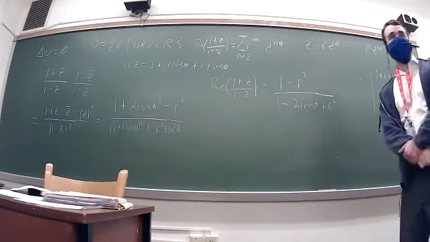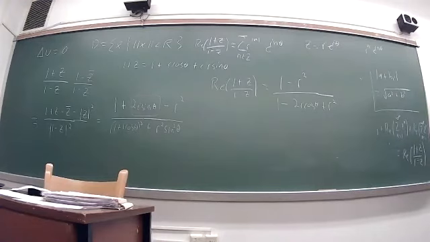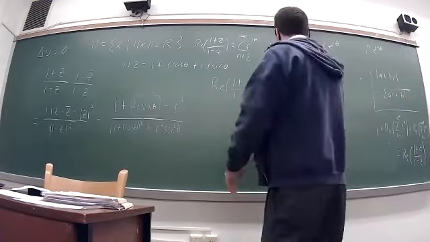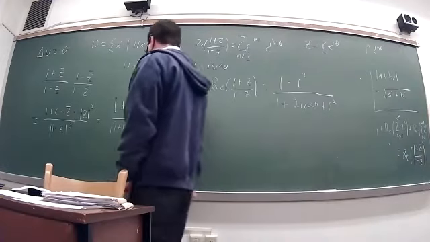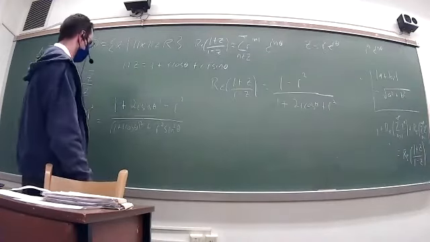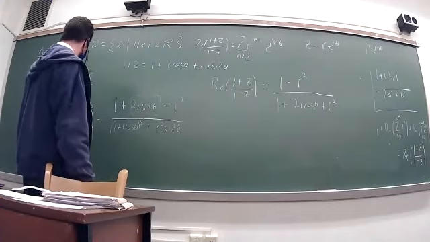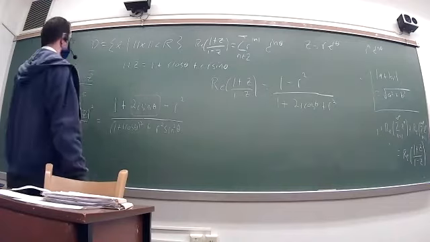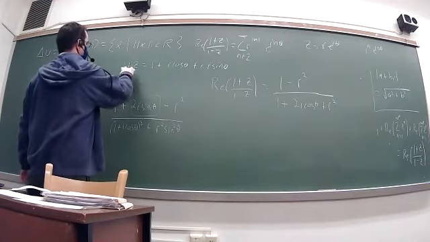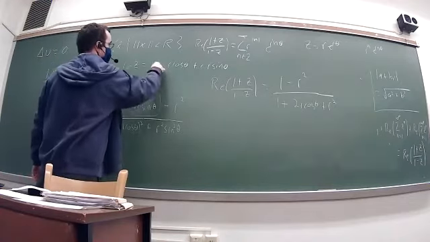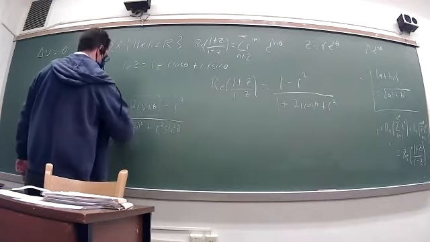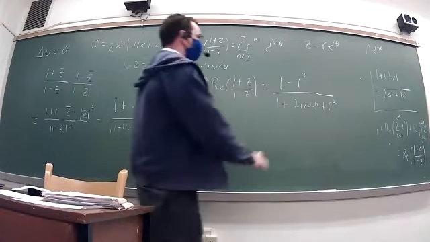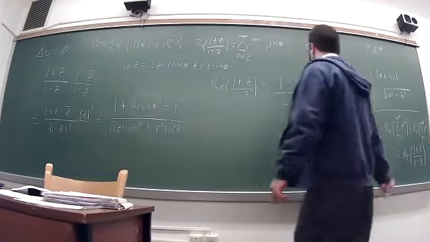Just cosine squared plus sine squared equals 1. Maybe plus, is it plus? Oh, 1 minus z. So 1 minus z is this minus that. So it's a minus sign. And therefore, a minus sign there.